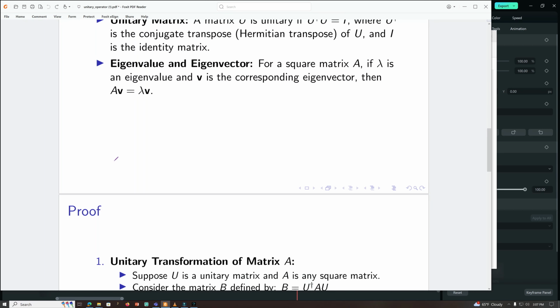Now let's talk a little bit about eigenvalue and eigenvector also. An eigenvector B of a matrix A is a non-zero vector that, when multiplied by A, that is, when that vector is multiplied by a matrix, the result is a scalar multiple of the same vector.